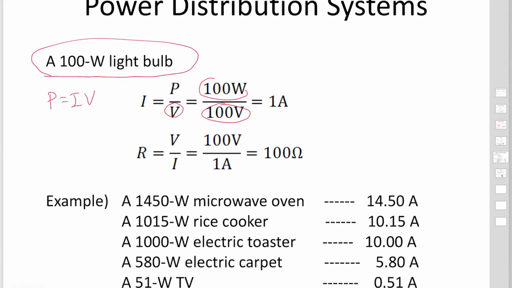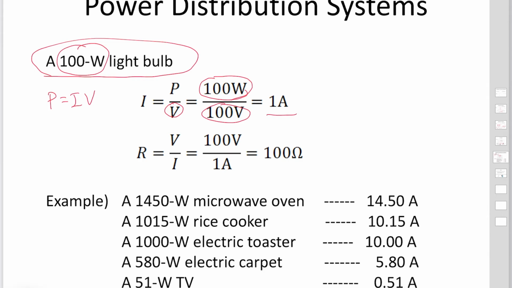Using this equation, I equals power divided by voltage. So the 100 watt light bulb divided by 100 volts means the current flowing inside the 100 watt light bulb is 1 ampere.